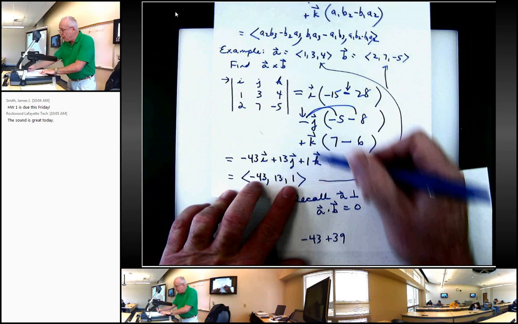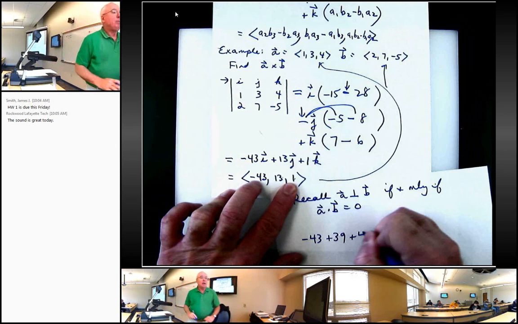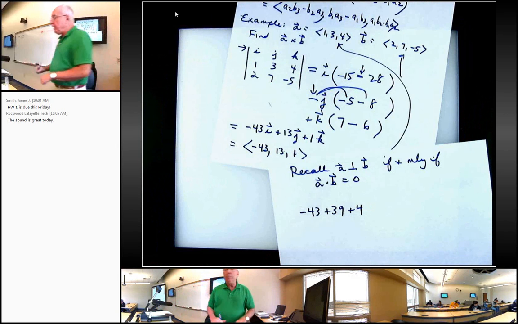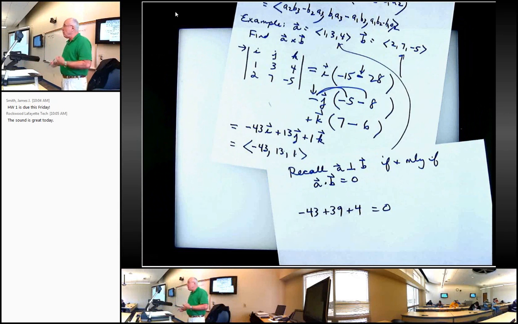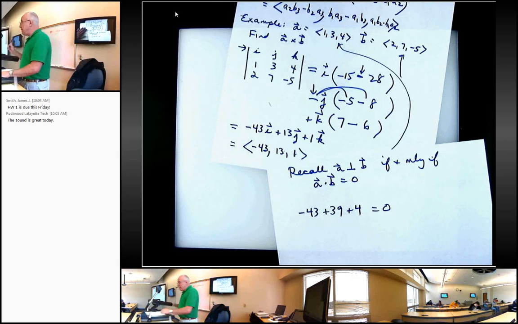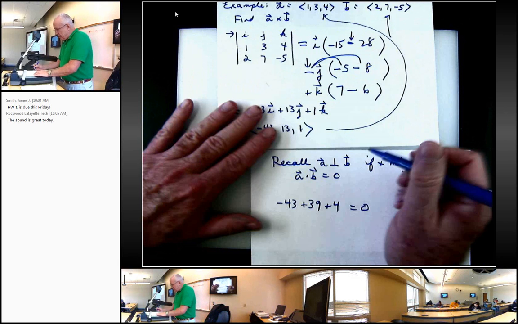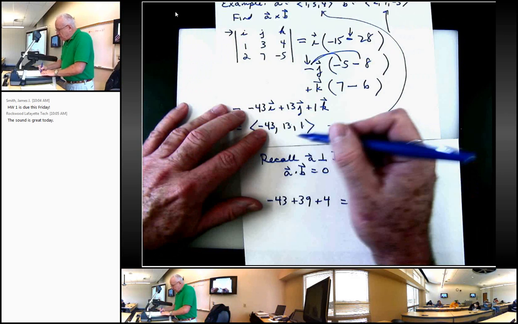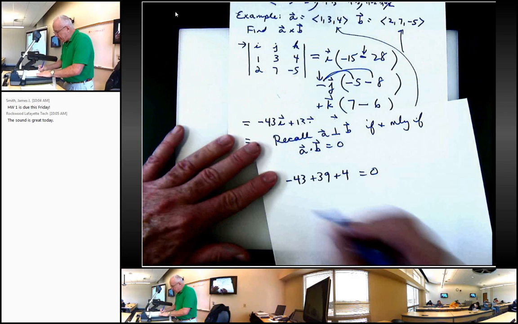And then our third elements together, 1 times 4 is 4. When we combine those numbers, we get a 0. So the dot product is indeed 0, meaning I didn't mess up on my arithmetic, right? That's the big thing as to why you should check it. Let's just check the other one then. Minus 43 times 2, the first component, that's going to be a minus 86.